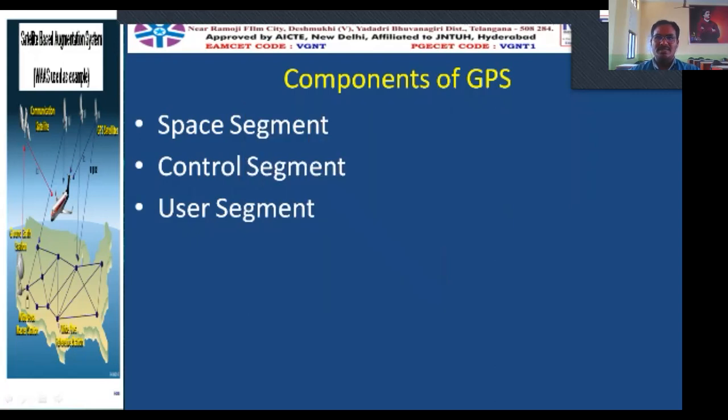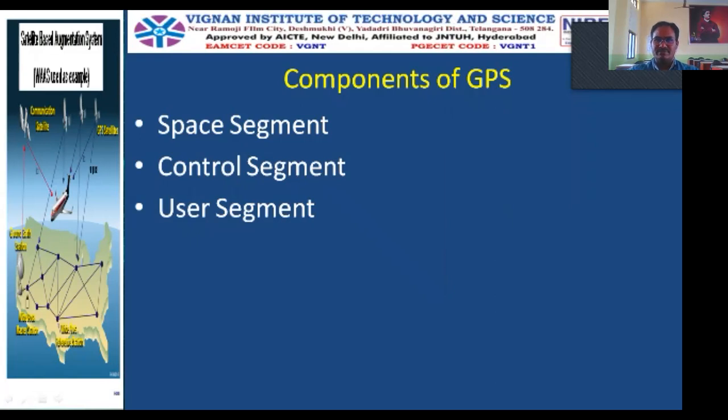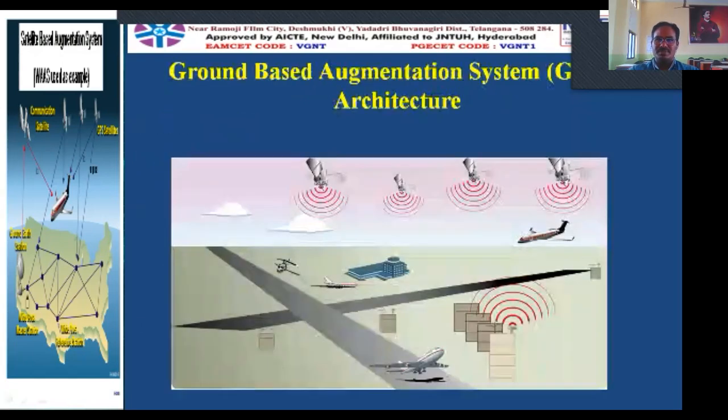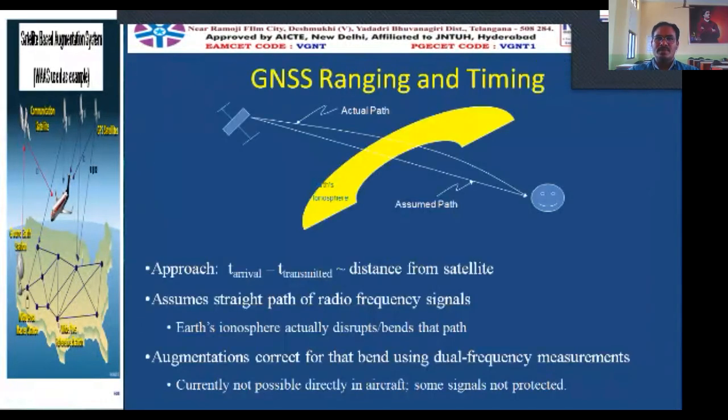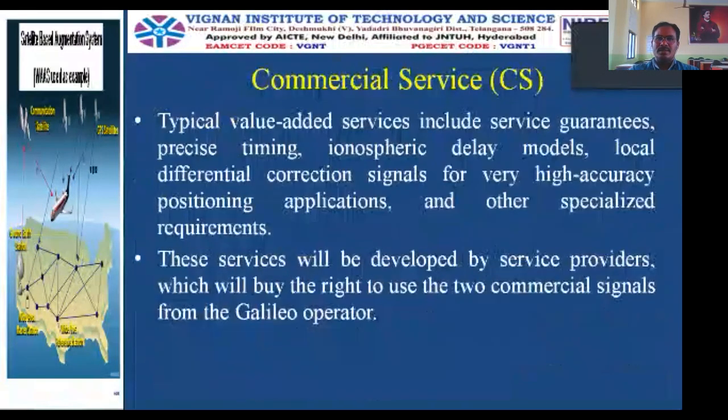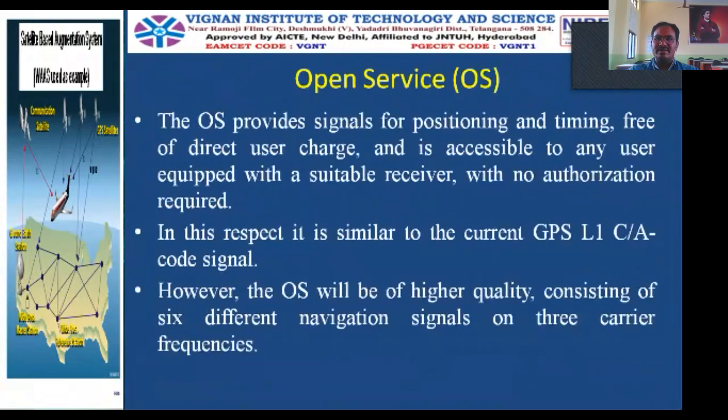Welcome back to the class of Global Positioning Systems, GPS. Before we proceed to the present class, let us have a quick revision of the things that we have learned in our previous classes. We started off with the GPS overview, system architecture, and we have seen three different GNSS satellite constellations.